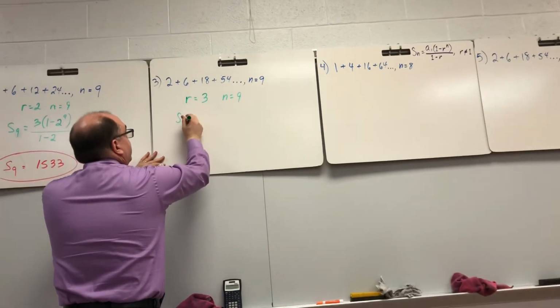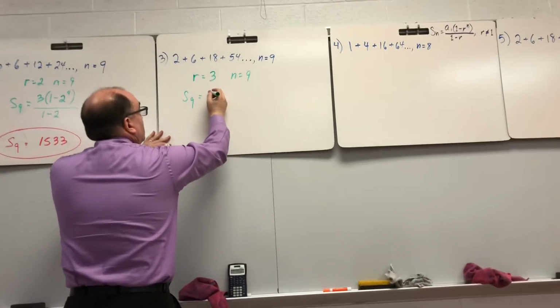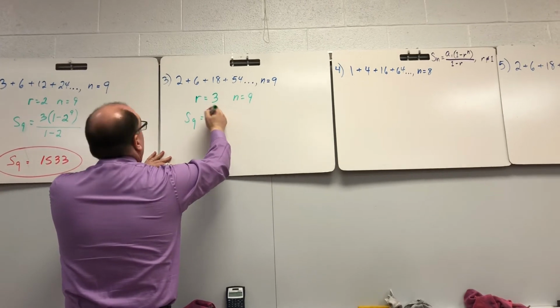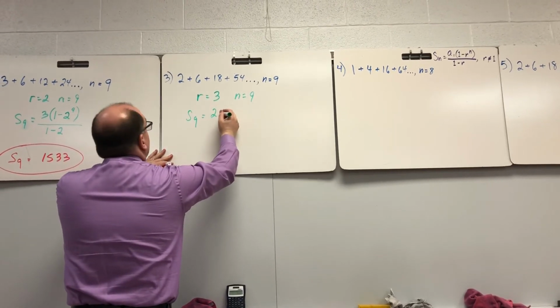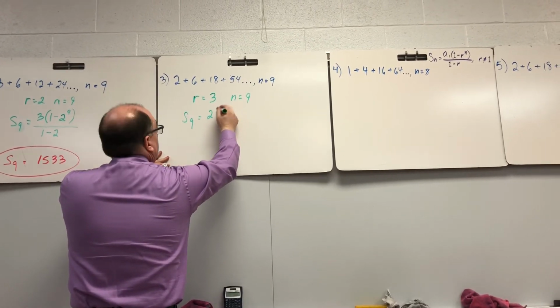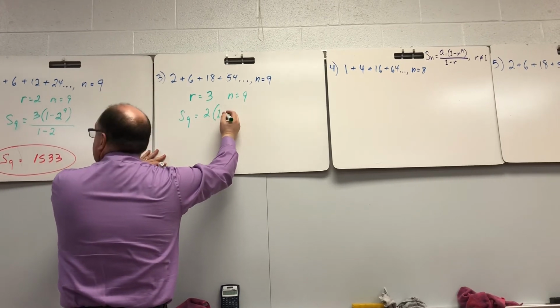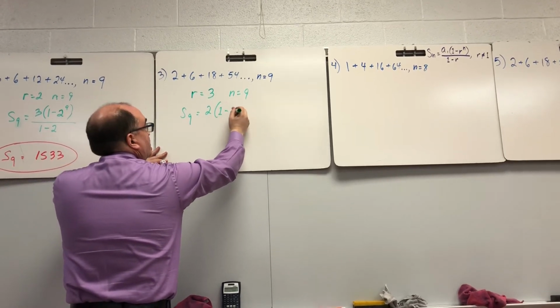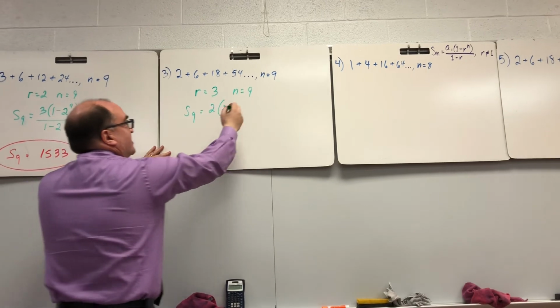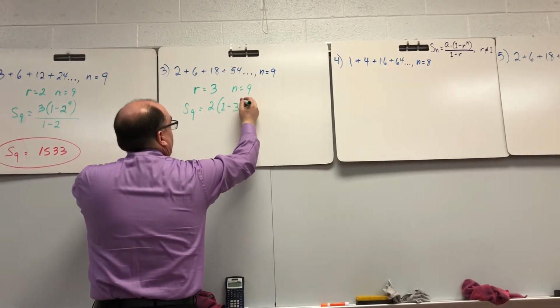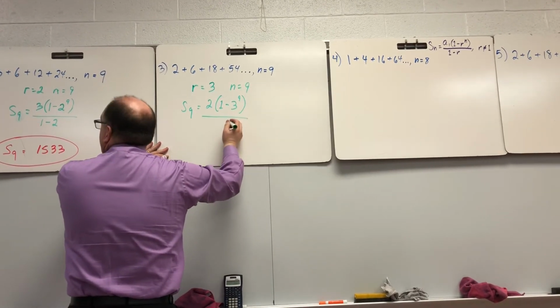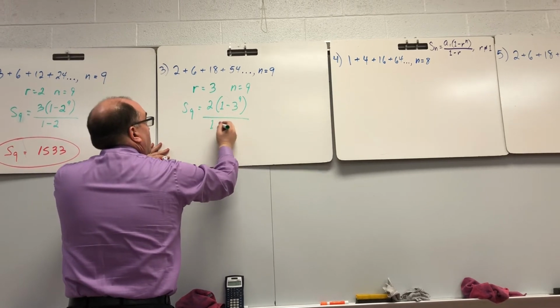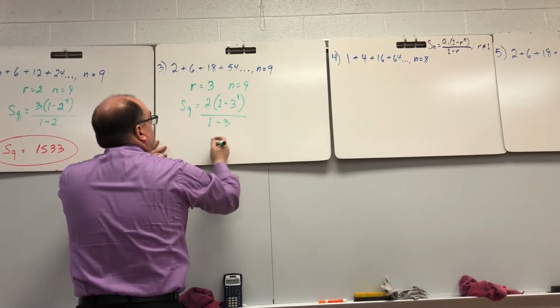So S of 9 equals A1, which is 2, times 1 minus, this time it is 3 to the 9th power divided by 1 minus 3.